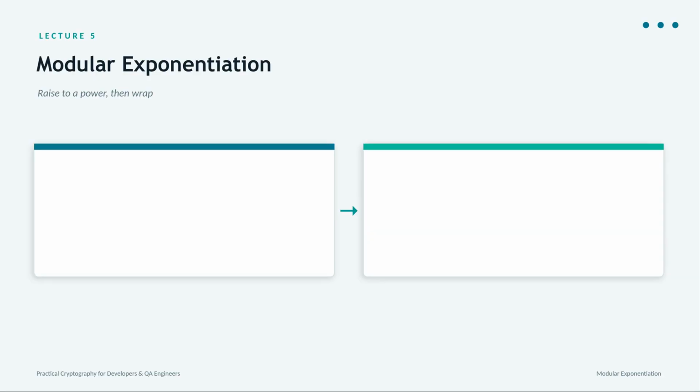So to understand real cryptography, we need to add one more operation: exponents. Modular exponentiation just means to raise a number to a power and then take the modulus. It's still the same clock math, but just one more step. So what is 5 to the power of 3 modulo 7?